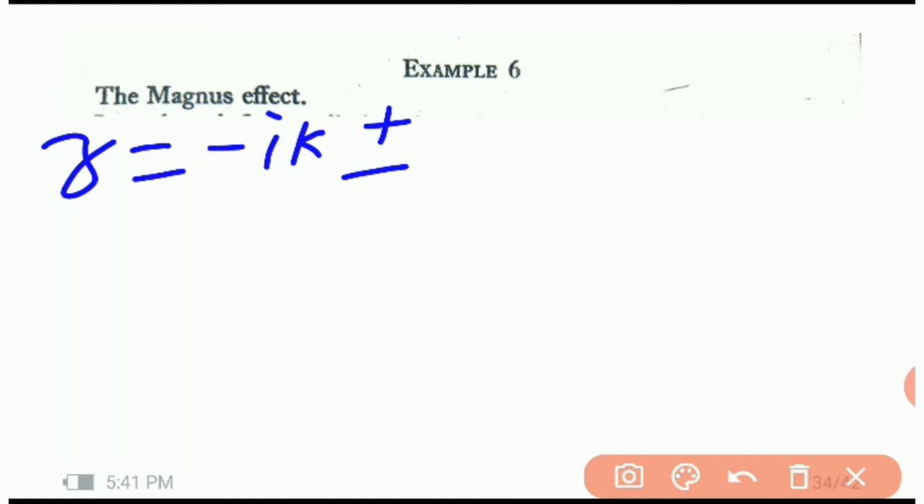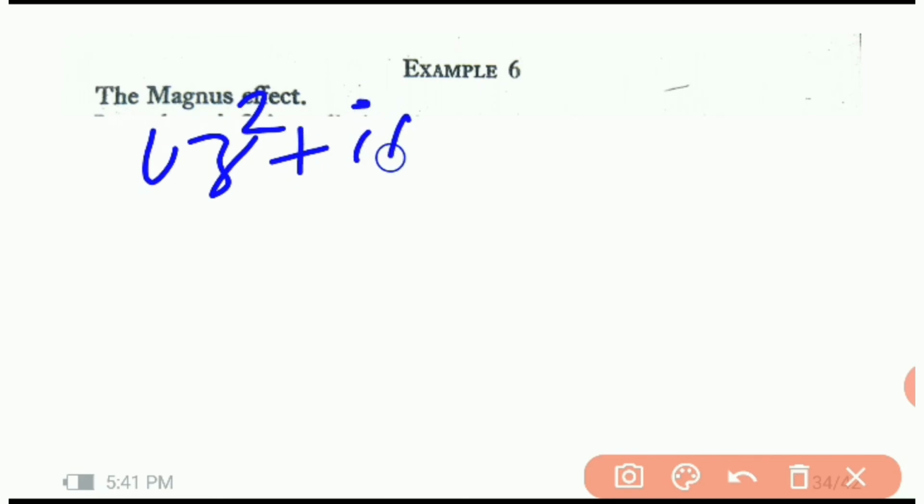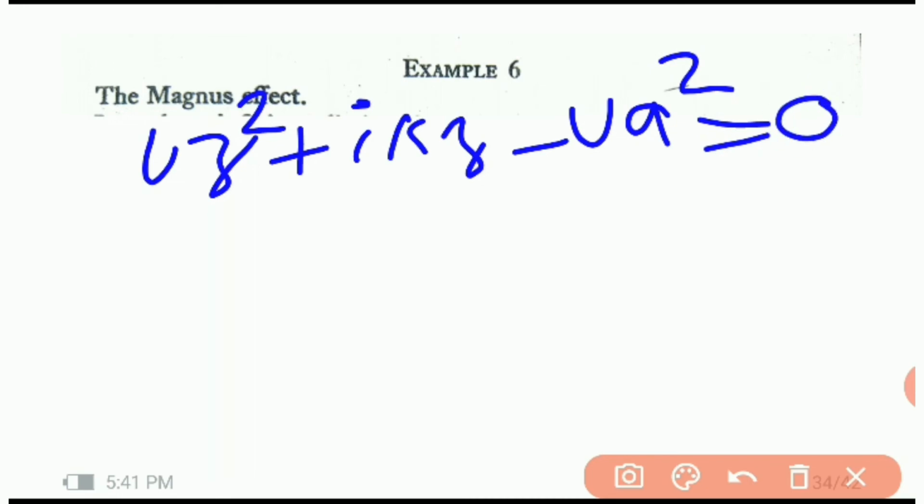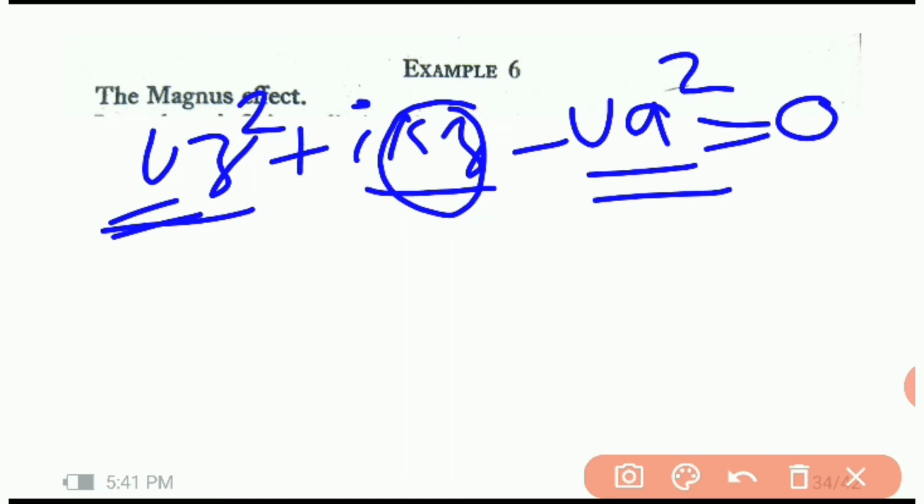So in this uz square plus ikz minus ua square is equal to 0, b is ik, plus or minus b square is ik square, minus 4, a is u, c is minus ua square, divided by 2a which is 2u.